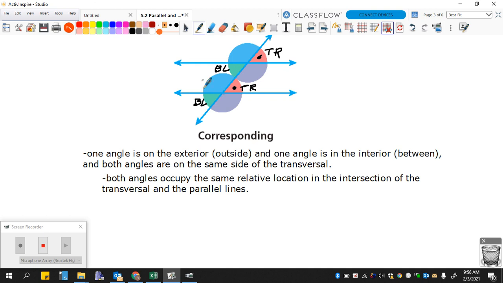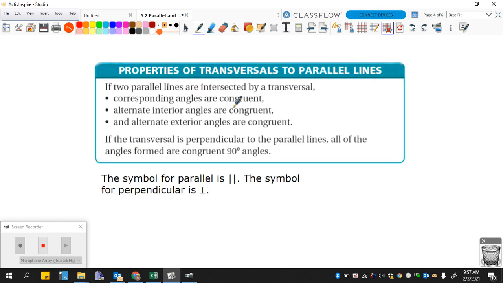So the angles occupy the same relative location on the intersection of the transversal and the parallel lines. Same thing with the blue and the purple. Blue is top left, and this one is top left, and the purple is bottom right and bottom right. So those are the properties of transversals to parallel lines.